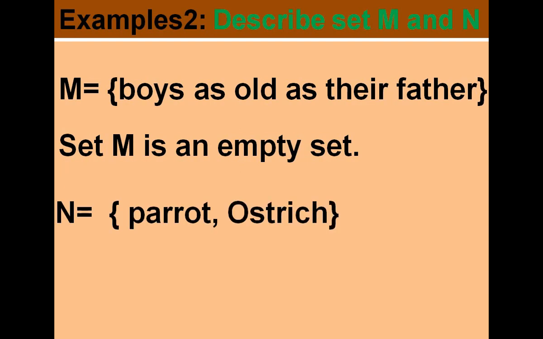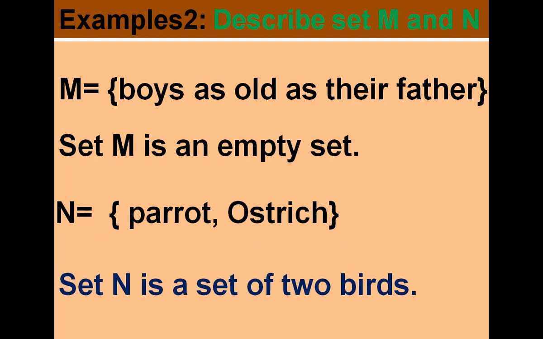Then let's go on and look at set N. Set N, they're telling us that set N has elements. And there are 2 elements in set N. One of them is a parrot and another is the ostrich. Now, how can we describe set N?